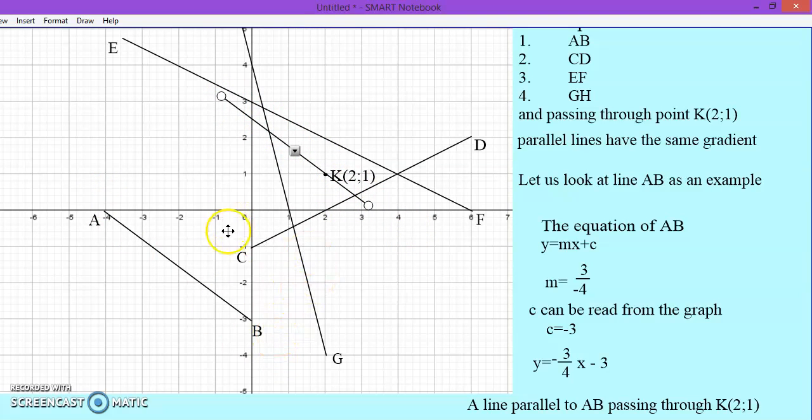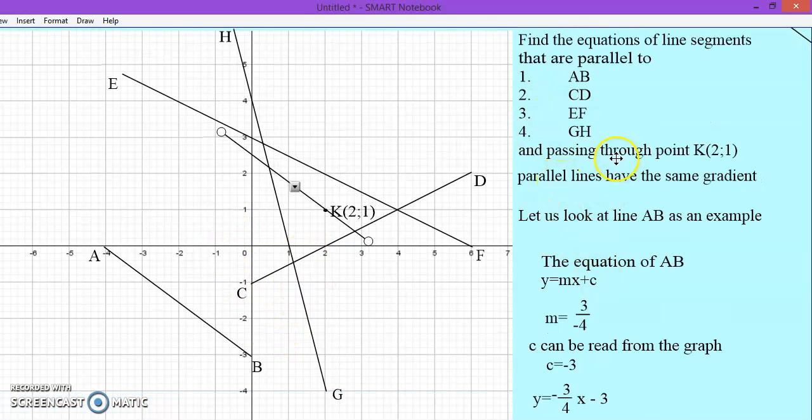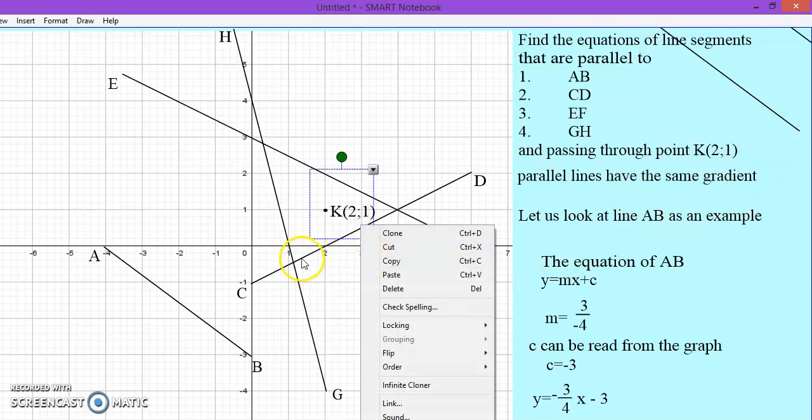What I want you to do now is to calculate the line that is parallel to CD, EF, and GH in the same manner. So, the line that is parallel to this one and passes through point K, let's just quickly look at that one.